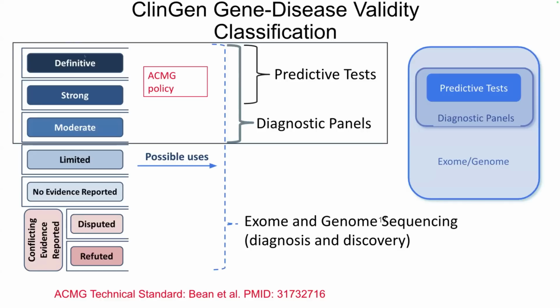Whereas anything that's strong or definitive should really be used for predictive tests. You should have much stronger evidence there. So not only did we develop this semi-quantitative framework, we made sure that the right professional societies were also on board with this and could make policy statements consistent with that. And that's definitely brought a lot of buy-in.